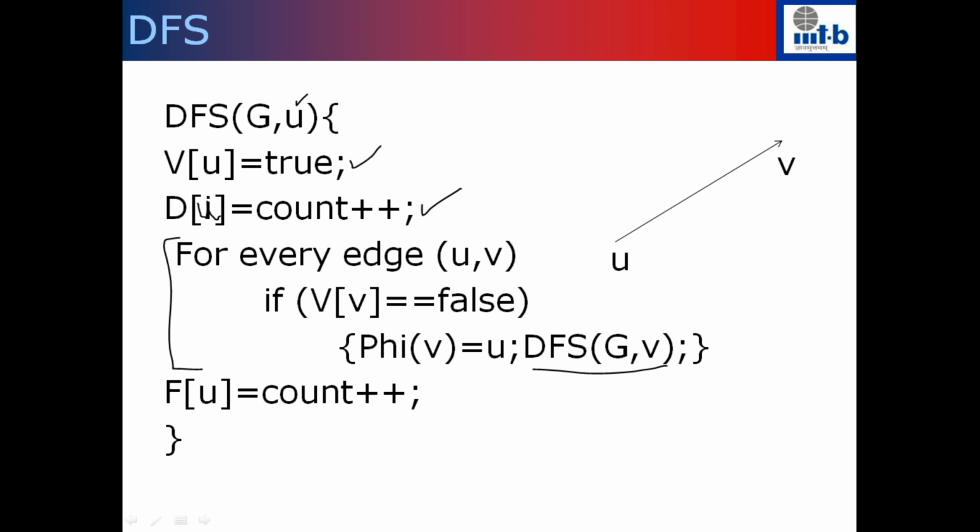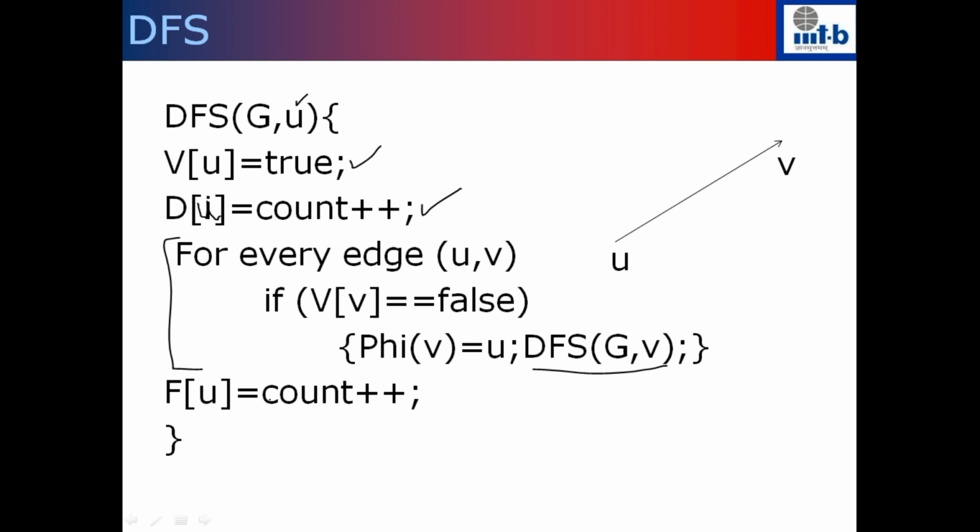That is the time when you set your finish time: f of u is count plus plus. You set the value of f of u to be count and increase the value of count by 1. Notice that when count is assigned to either the discovery time or the finish time, count increases by 1. So every time you use the counter, it increases by 1.